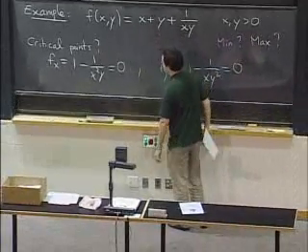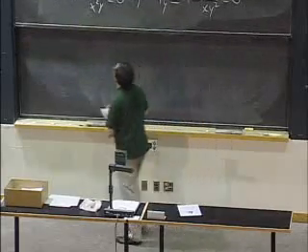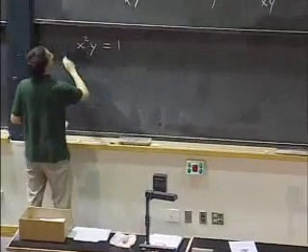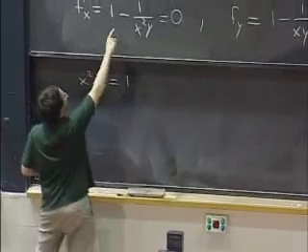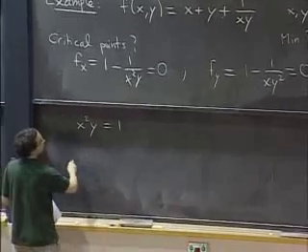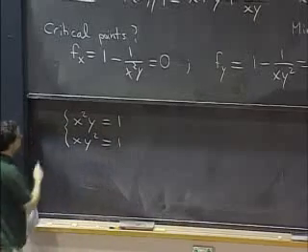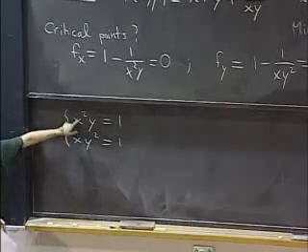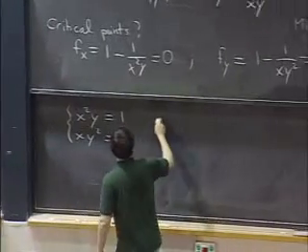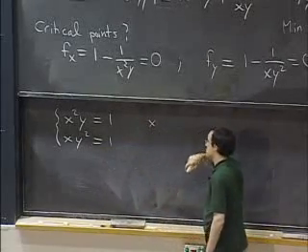So what are the equations we have to solve? Well, I guess x squared y equals 1. I mean, if I move this guy over here, I get 1 over x squared y equals 1. That's x squared y equals 1. And x y squared equals 1. What do you get by comparing these two? Well, x and y should both be, okay, so yeah, I agree with you that 1 and 1 is a solution. Why is it the only one?